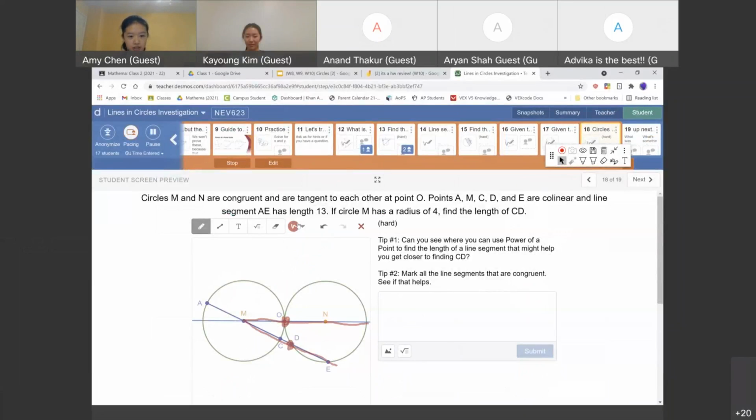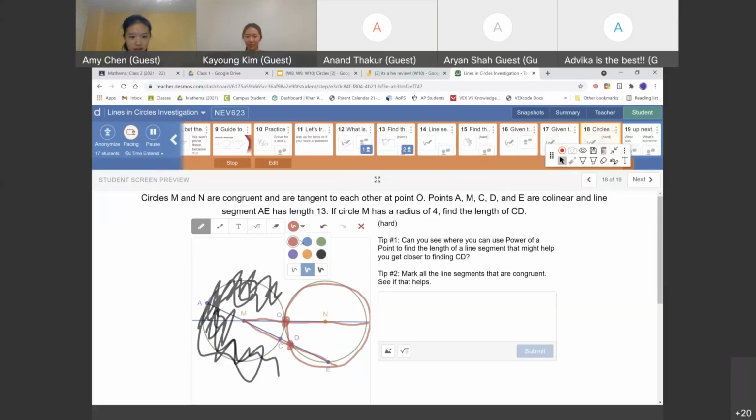The rest of the stuff just does not matter right now. The circle does matter a little bit, like this circle over here. But mainly, again, just focus on this and where it intersects the circle.